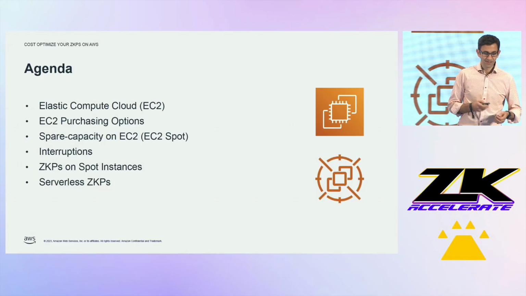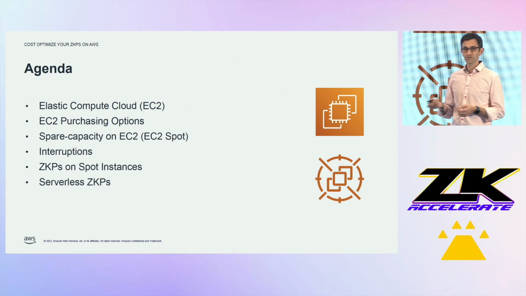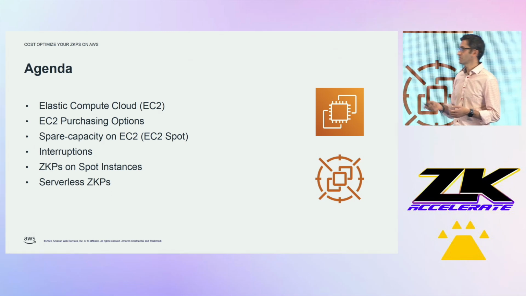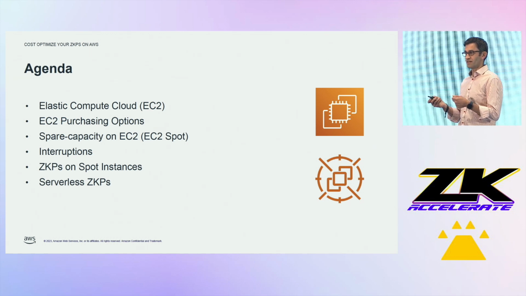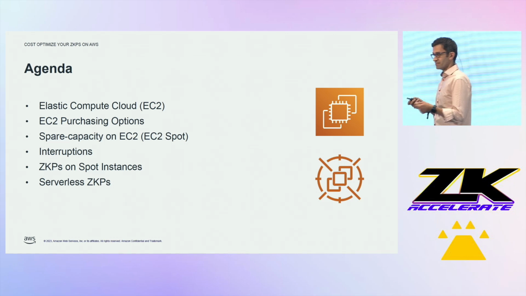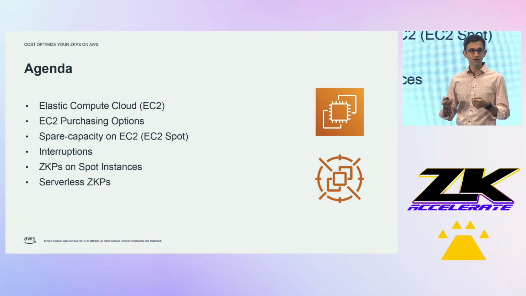Today we're going to start with an overview of EC2, which is our Elastic Compute Cloud. If you've ever spun up an instance on AWS, you've used EC2. I'm going to talk about the different ways that we price EC2. Then we're going to get into some more of the details around spare capacity of EC2, which is what we call Spot.